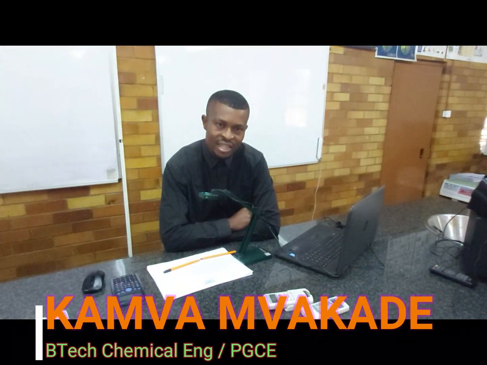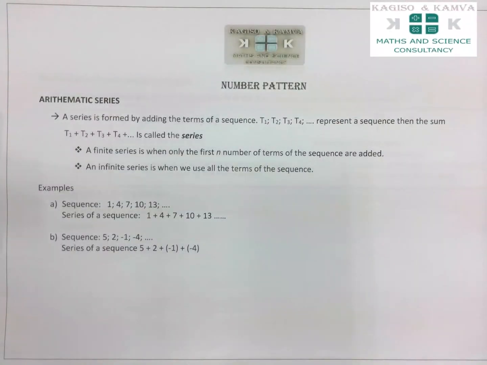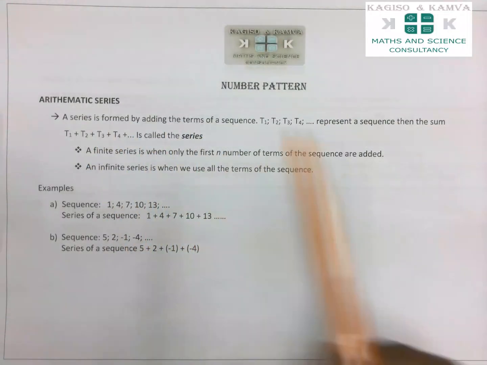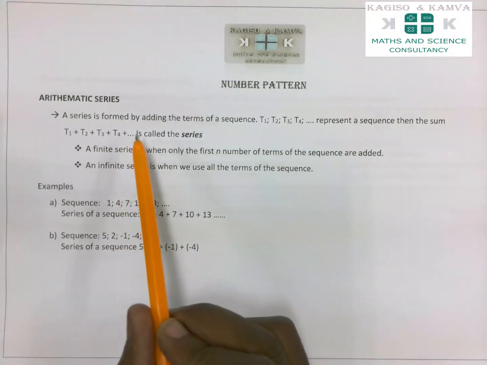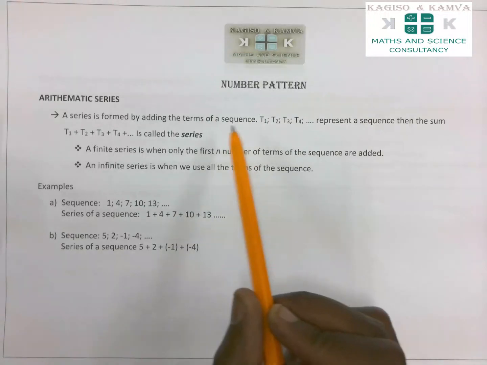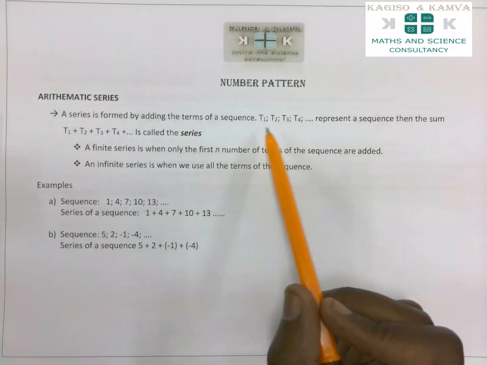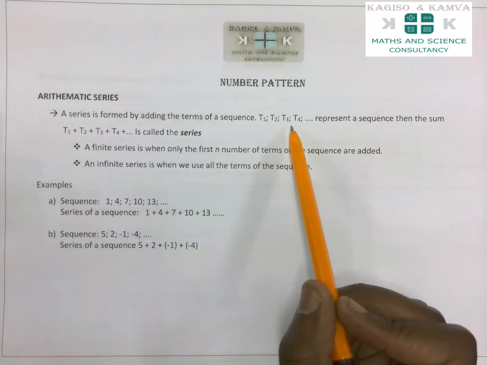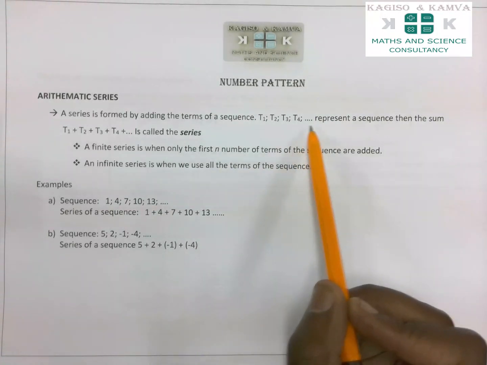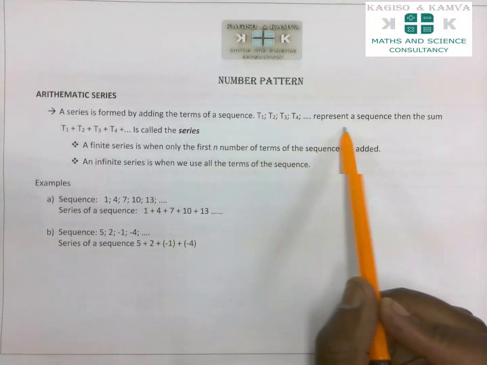Today we will be doing the arithmetic series. So let us start. Now guys, an arithmetic series, a series is formed by adding the terms of what? The terms of a sequence. Now let us say this is a sequence: T1, T2, T3, and term number 4, etc. This represents a sequence.